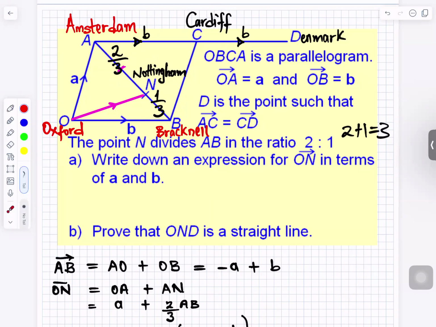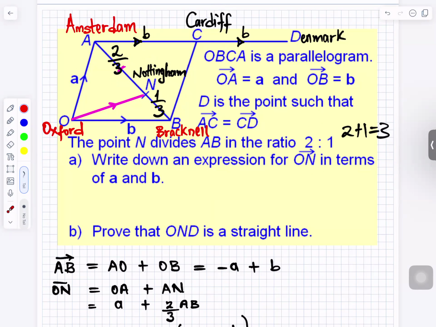Part A, write down an expression for ON in terms of A and B. ON, you want to travel from Oxford to Nottingham. That pink, Oxford to Nottingham, the pink distance there. So you can go from Oxford to Amsterdam.